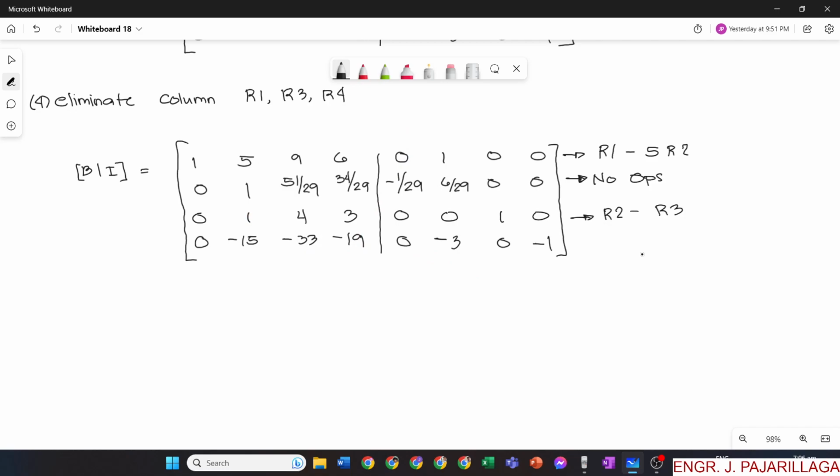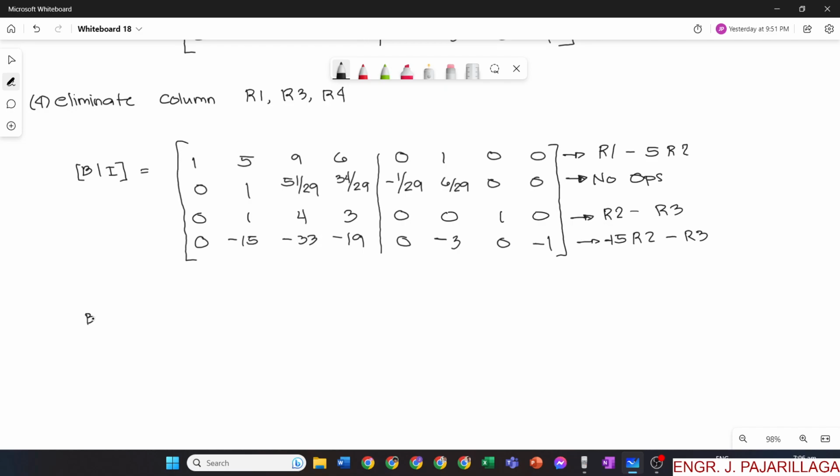Now, for our row 4 becomes 15 row 2 minus row or plus row 3. Okay? We can do this one or basically we can do ganito na lang para may common. Negative 15 R2 minus R3. Okay? So, yung ating element na i-eliminate, i-multiply natin sa active row and then isusubtract natin yung dot row. Alright? So, apply natin yung operations.